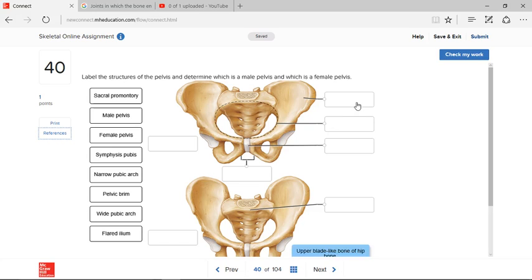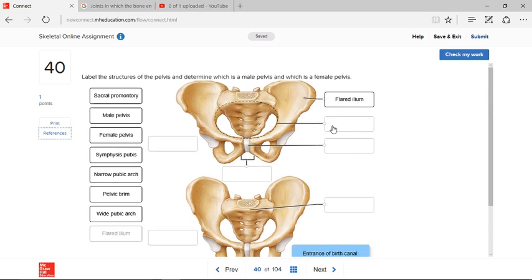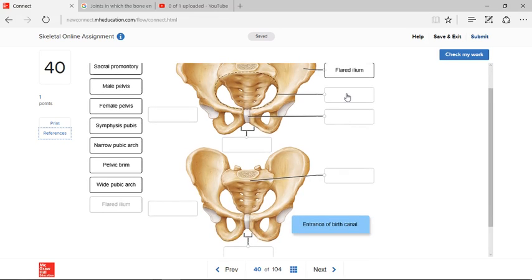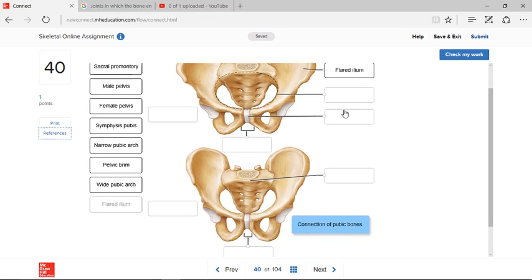So this part right here, the upper blade-like bone of the hip bone, is called the flared ilium. And I believe this dotted area is where the spinal cord is going to be. Entrance of the birth canal. Am I way off?